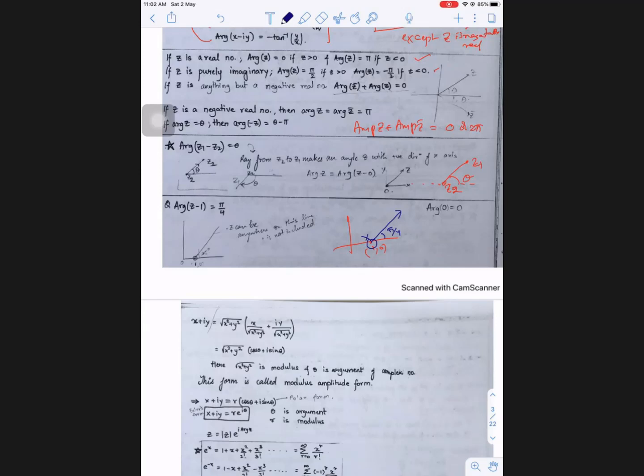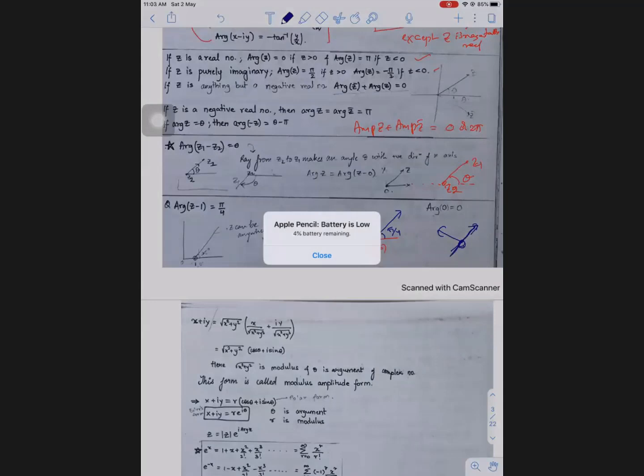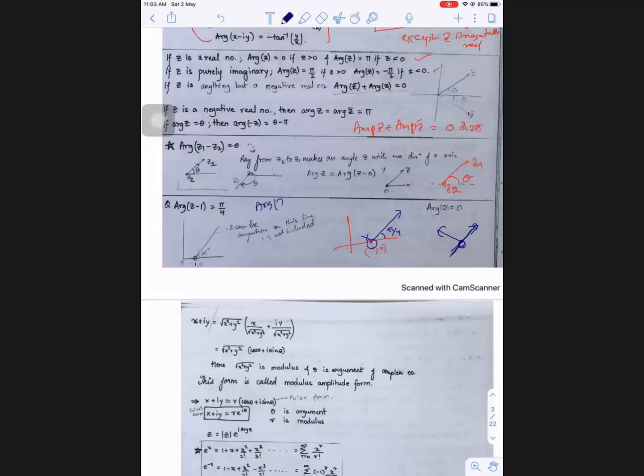I think two or three years back they asked a question just based on this point. They gave some lines like this, that represent these lines when they gave arguments, and they asked how many points of intersection there are for both of them. For example, argument of z minus 1 equal to pi by 4 and argument of z minus 1 equal to 3 pi by 4.